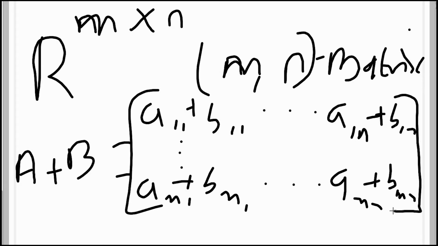So this addition of matrices now, we add them element wisely, that is element by element, we add them together like that. So that's how we add together two matrices.